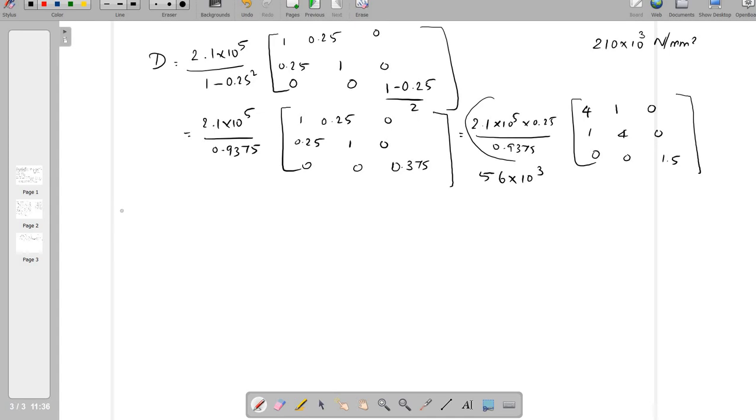So now you multiply D into B, because we need B transpose DB.